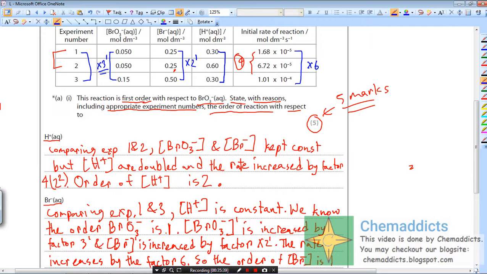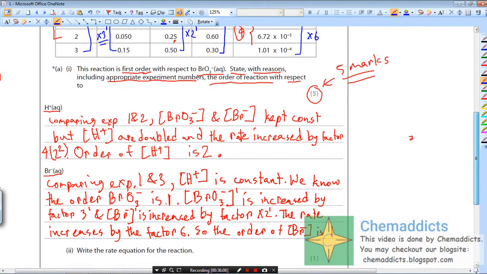In here bromate 5 is increased by factor 3, and the bromide is increased by factor 2. As a result we can see that the initial rate is increased by 6 factors. So the bromide ion will have first order. So the order of this particular bromide ion will have first order. So that's it. That's the solution to this question.